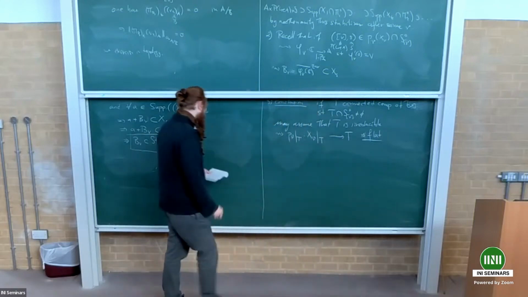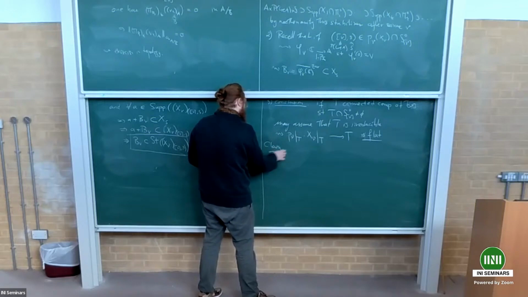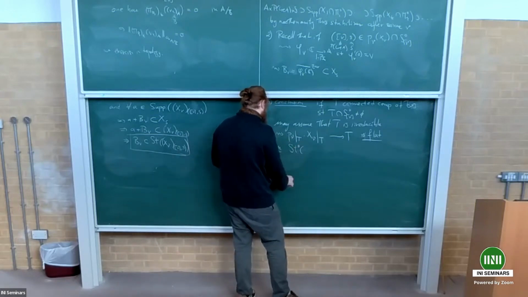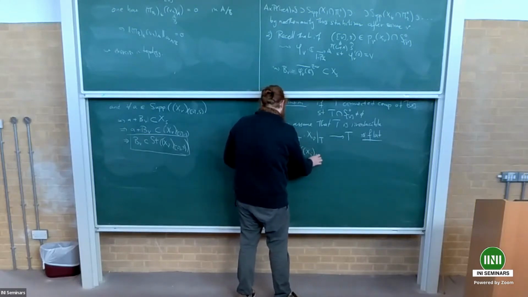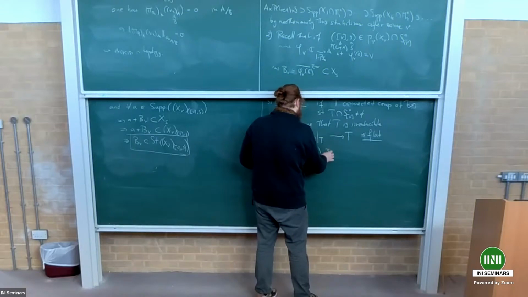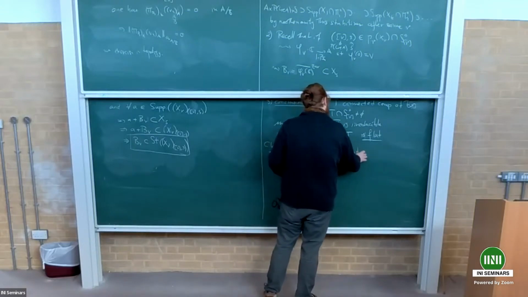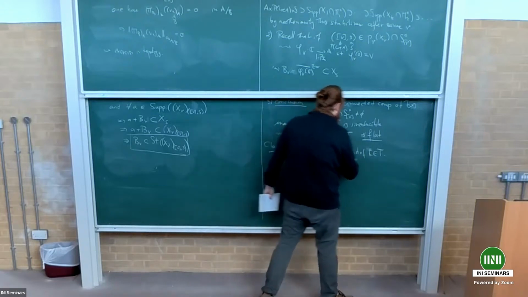And now the claim is that the stabilizer, or at least the connected component containing the identity of the stabilizer of X nu T, is independent of T in T. So that's the claim.